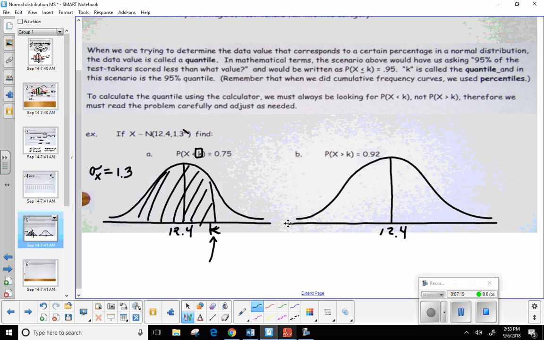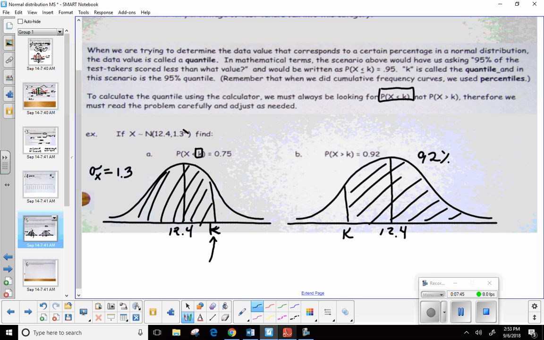Okay, we have the standard deviation still of 1.3. Now, we're trying to find the value of k where every element after it represents 92% of the whole set. So k would probably have to go right about here, because that would represent your 92%. But we just said when dealing with this inverse operation, the calculator is only capable of doing less than.